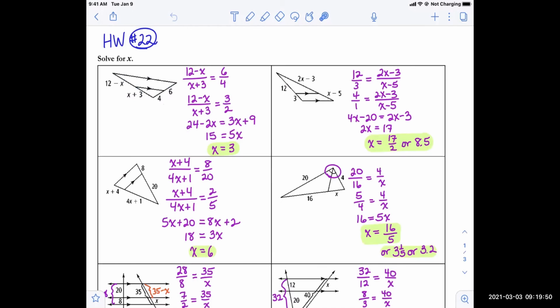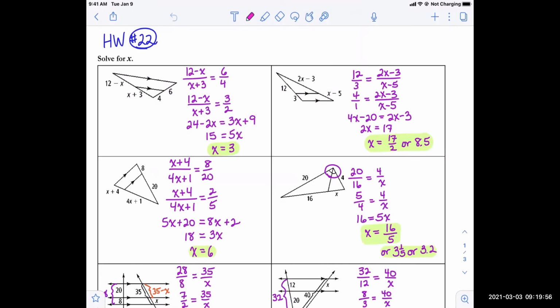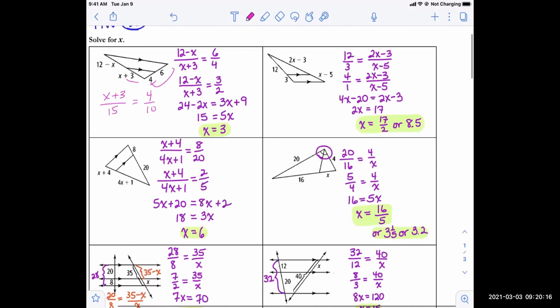If you wanted to do similar triangles, that would still work. For example, like 4 over 10 and x plus 3 over, what is that, 15, I think, right? When you add those together. You could still do this is to that as this is to that.